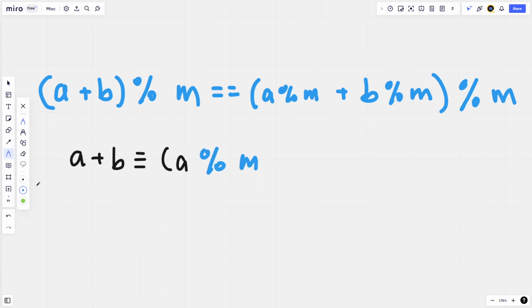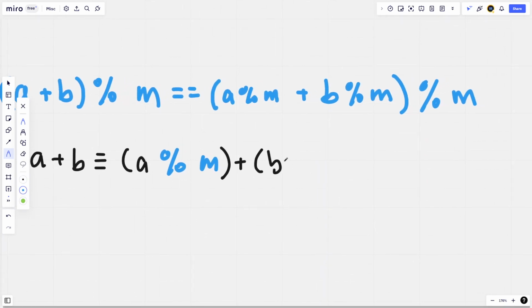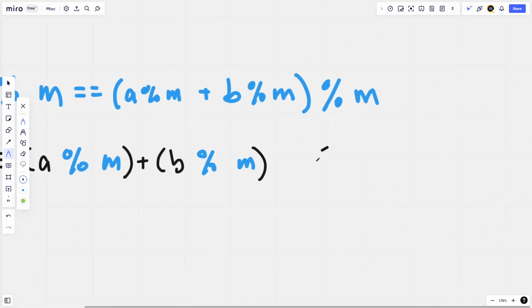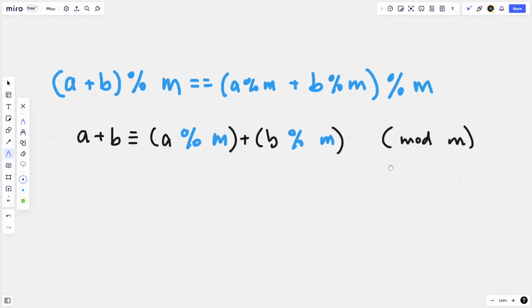A mod M plus B mod M under the equivalence class of modulo M. So hopefully it should make sense why this is the case. The modulo operator always keeps things within the same equivalence class, right? And so what we're saying is the equivalence class of A plus the equivalence class of B is equivalent to the equivalence class of A plus the equivalence class of B.